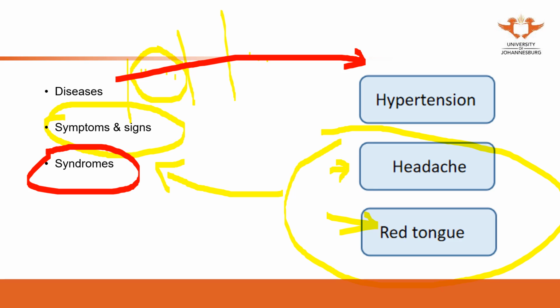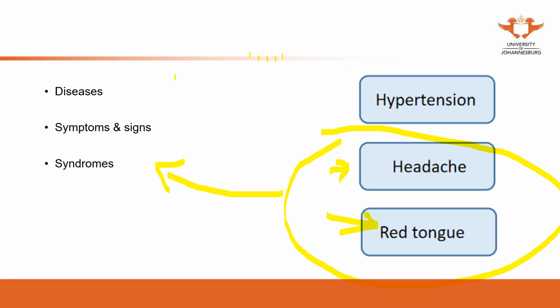From this point of view, you will see that different diseases may have different syndromes. They also may have the same syndromes. So in the later slides, we will discuss how to treat the diseases based on the syndromes.